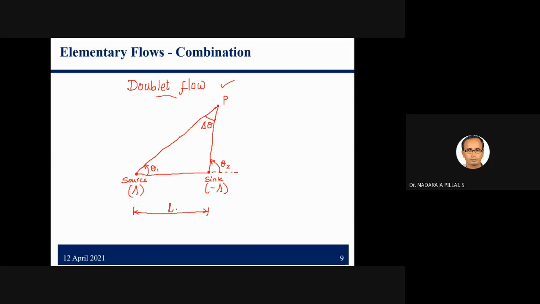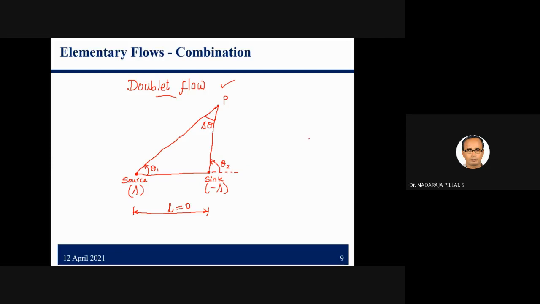What will happen if L becomes 0? Source and sink will be at the same point, right? If the distance approaches 0, then the absolute magnitude of strength of source and the sink increases in a certain way. That is what we need to calculate, right?